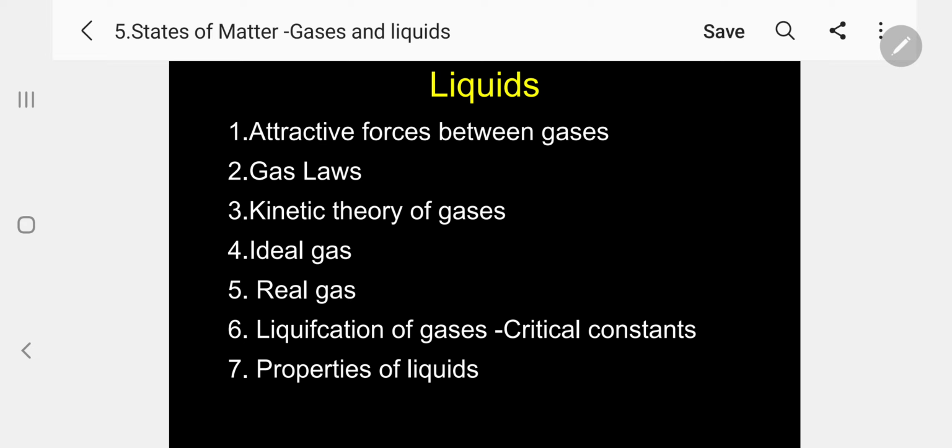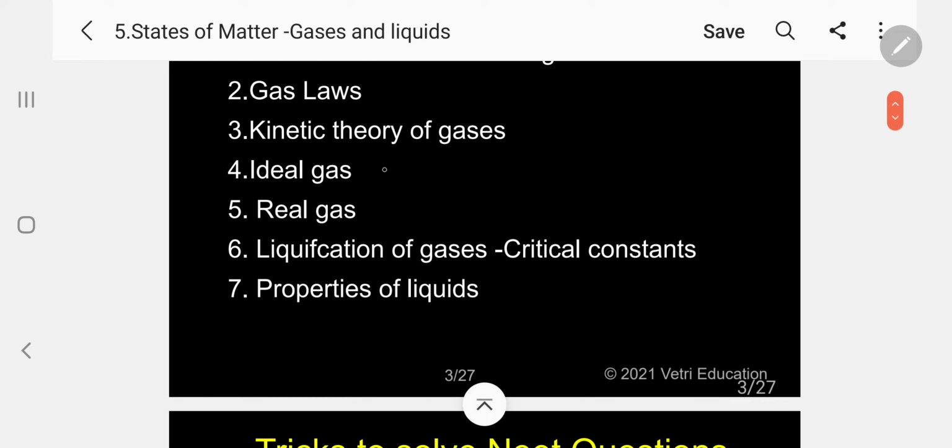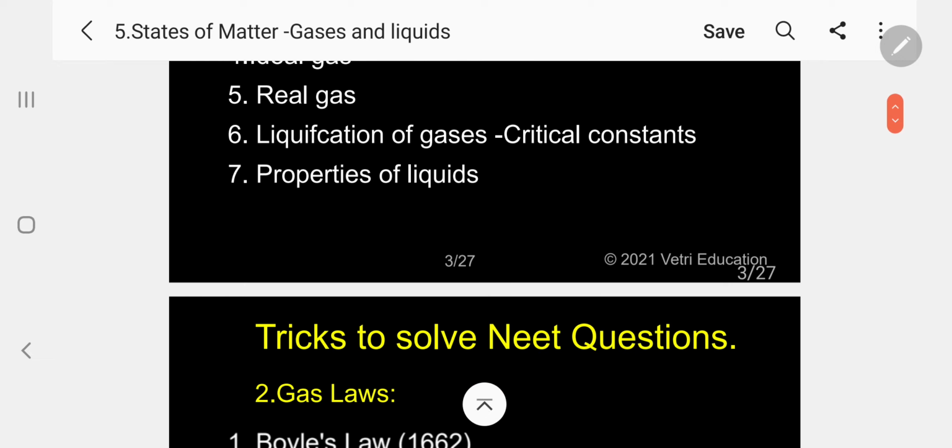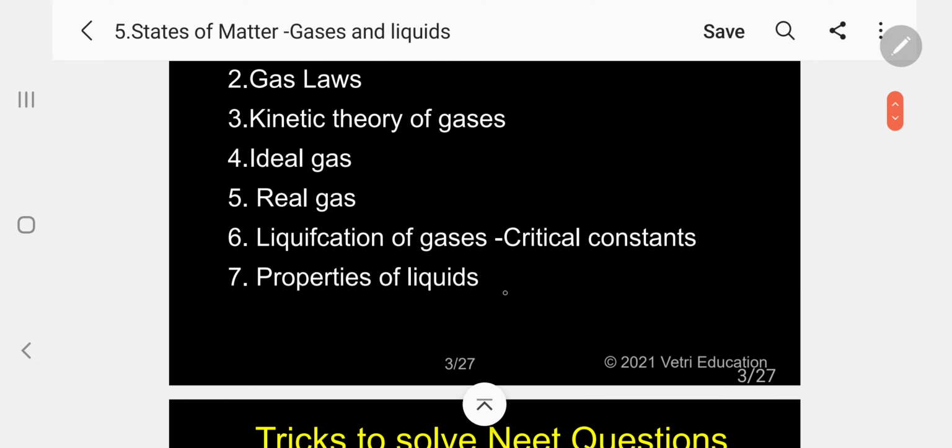And third, kinetic theory of gases. Postulates are the most important, you have to memorize them, because only from these postulates the ideal gas equation was derived. So next, ideal gas and real gas, then liquefaction of gases, under which we have to study the critical constants: critical volume, critical pressure and critical temperature.